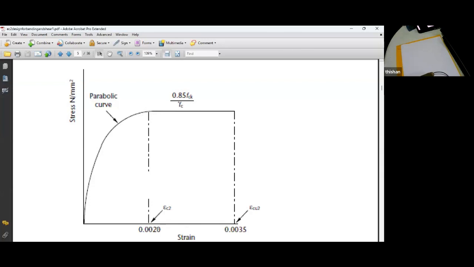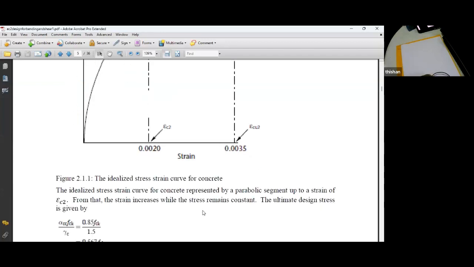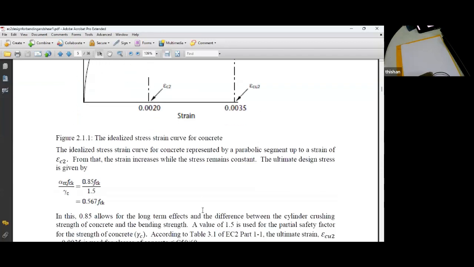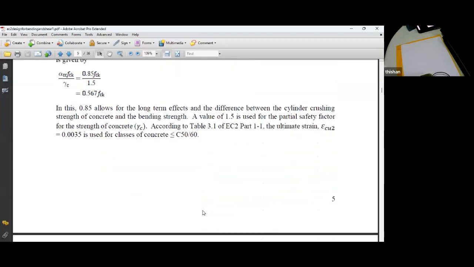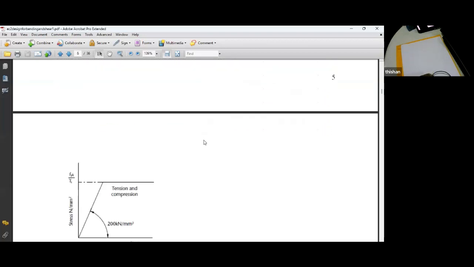I told you these are valid only up to 60 megapascal cube strength or 50 megapascal cylinder strength. If you are going to have a bigger strength, these will be lesser values because concrete becomes brittle as it becomes stronger. And this is the magic number C50/60.